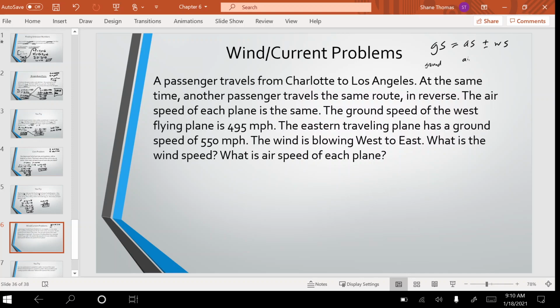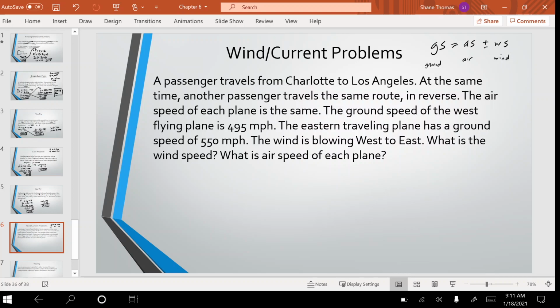This is air. And this is wind. Whatever that airspeed is, you're going to have to either add or subtract the wind to find your final speed. You also might find this called the resultant speed. In a current problem, this is going to be your speed in relation to the shore, those types of things.